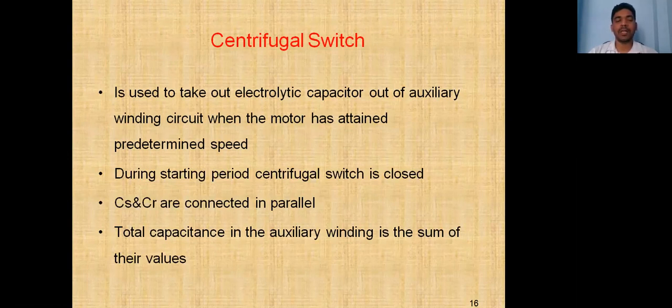Total capacitance in the auxiliary winding is the sum of their values.